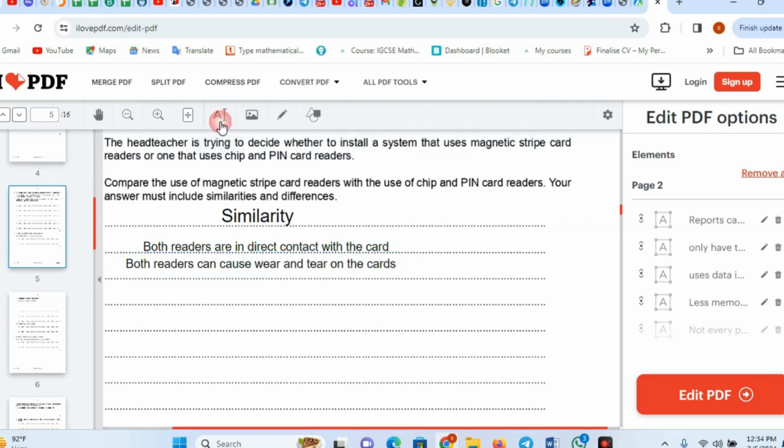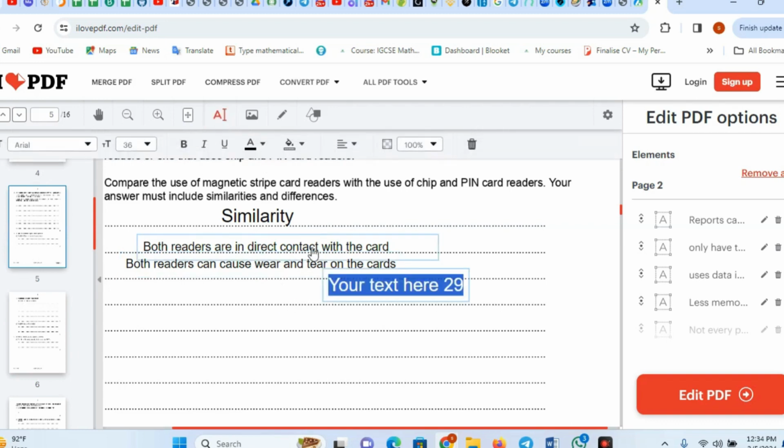Then the third one, I've just explained the meaning of wear and tear so that when you are doing your own explanation, because whenever you are told to compare something, to give differences, you should be able to explain your answer, not just list them. That's why I'm explaining them. Both are input devices.